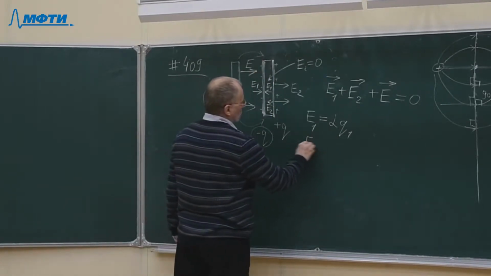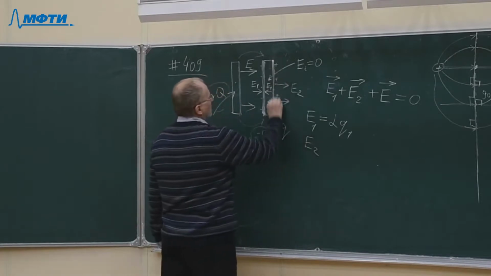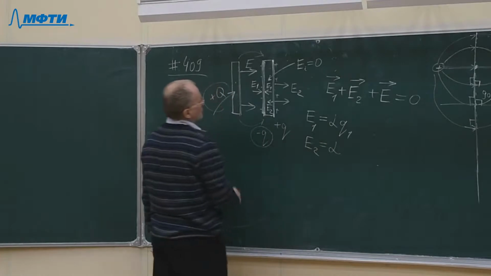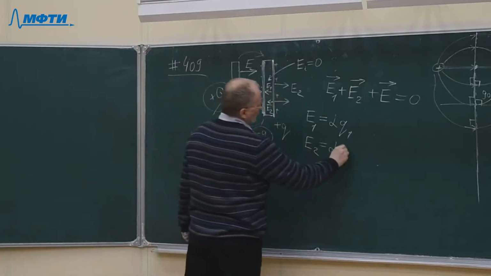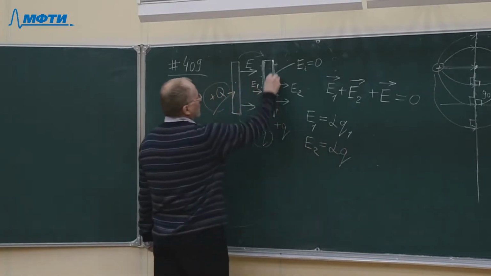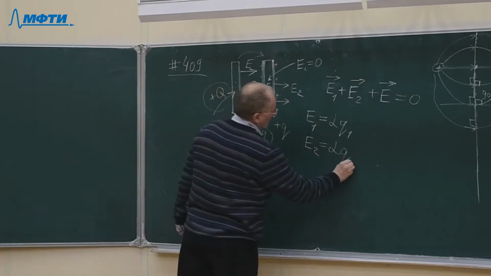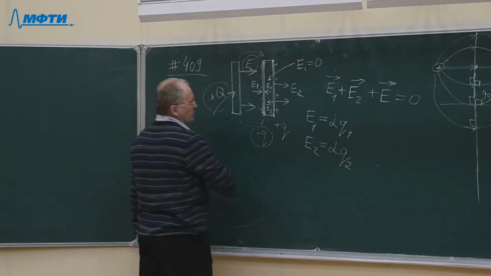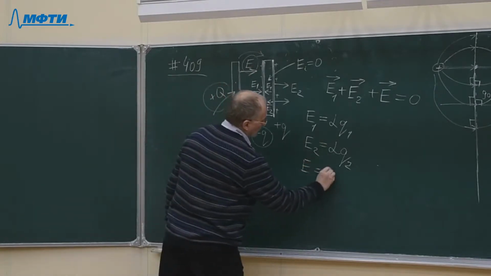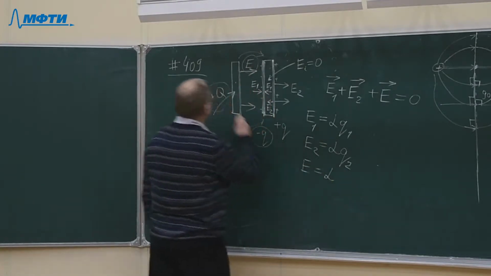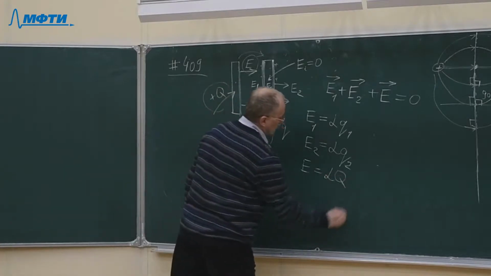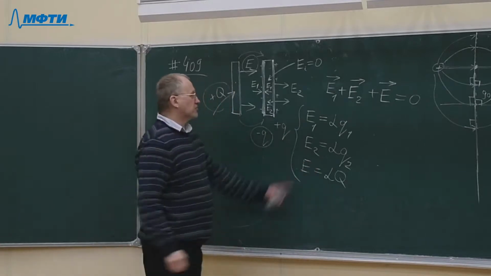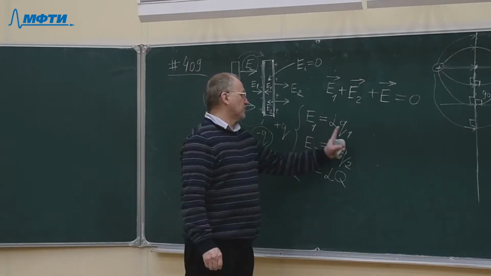And the field E2, generated by the other side of the plate, is proportional with the same coefficient of proportionality to the charge Q2 on that side. And also the electric field E generated by the first plate is proportional with the same coefficient of proportionality to the given charge Q placed on the first plate.